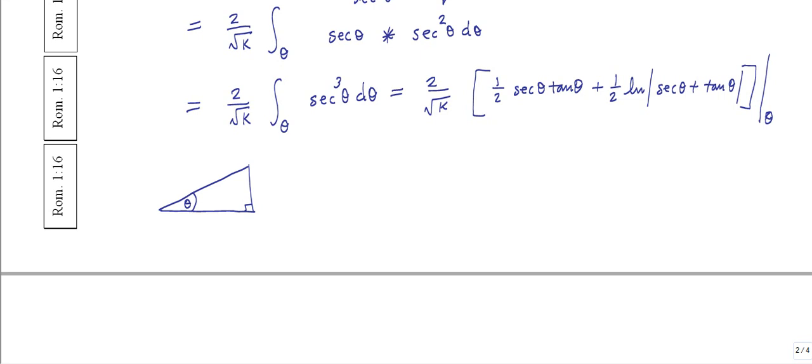And we already know that we said x is equal to tangent of theta over radical k. So recall that x was tangent of theta over radical k. That means that tangent of theta is x times radical k. And you may be saying, where did we get x is equal to tangent of theta over radical k?